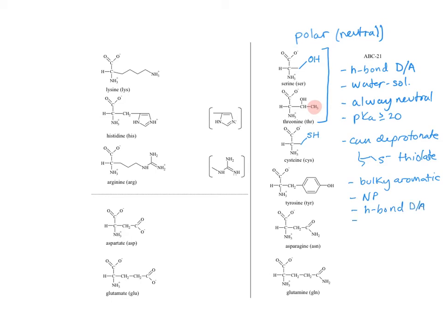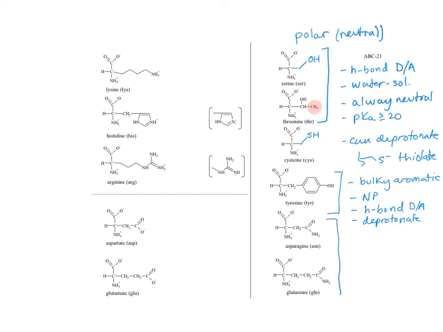Interestingly enough, you can also make it deprotonate, but not till you get up to about over 10. And in that case, it would become an O-, and that's not something we typically see under normal neutral pH conditions. So this is all stuff that goes with tyrosine.